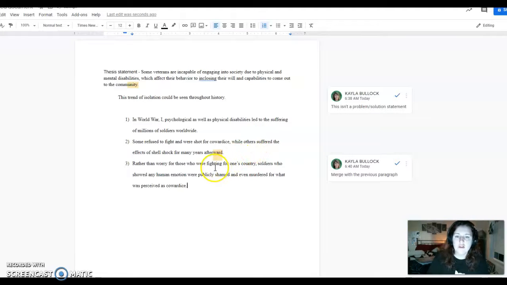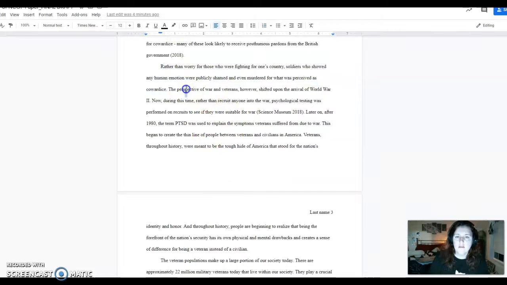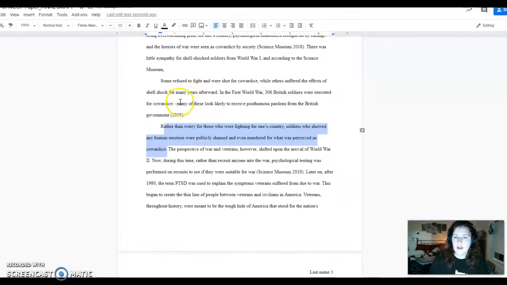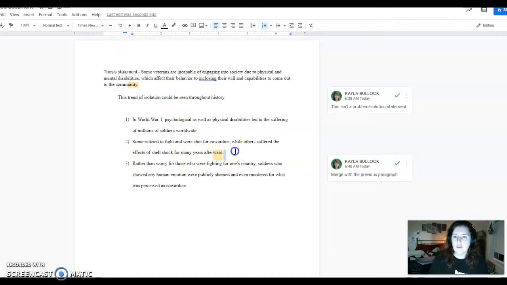Rather than worry for those who are fighting for one's country, soldiers who showed any human emotion were publicly shamed and even murdered for what was perceived as cowardice. This is really going back into the previous paragraph. If you look up here, we're talking about cowardice. So this kind of fits up here.